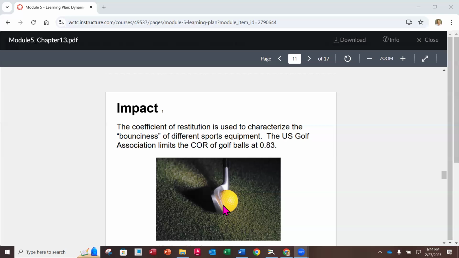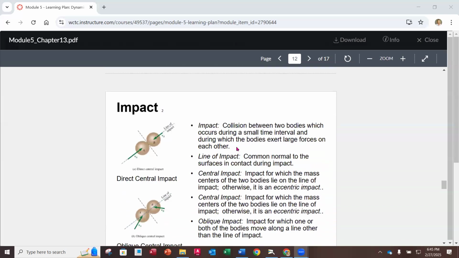When we have tennis balls or golf balls, there's going to be a number, or ideally a range of numbers, that are considered acceptable for that coefficient of restitution, which is how bouncy it is, or how much it is going to deform as it's hit or moved around. In the case of a golf ball, the coefficient of restitution is 0.83.